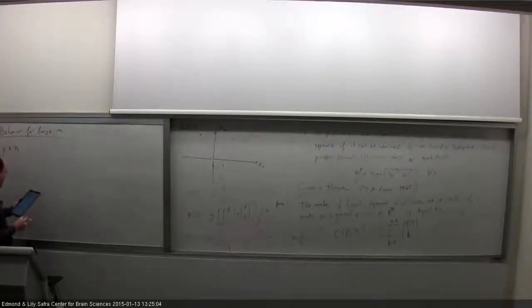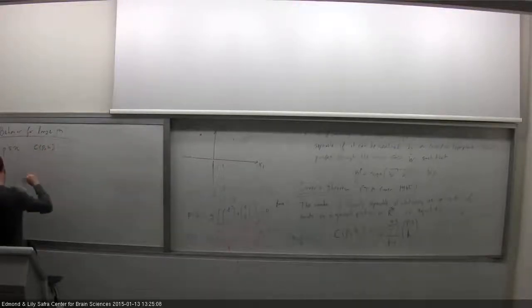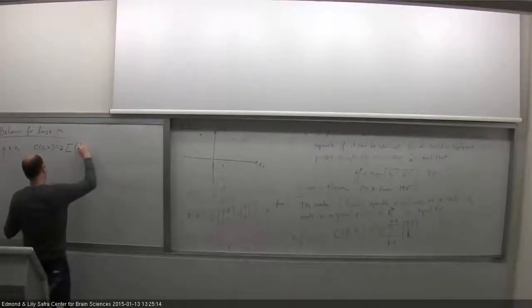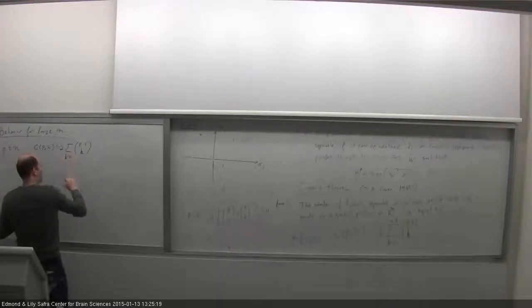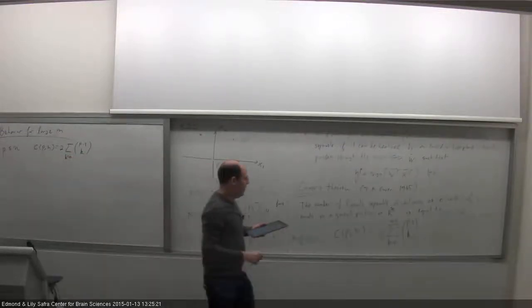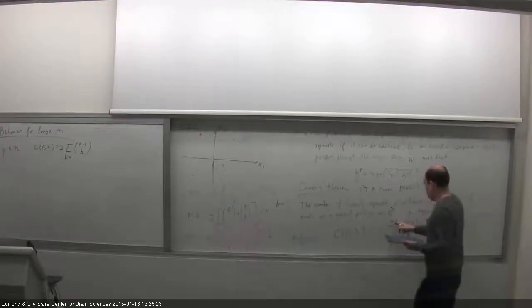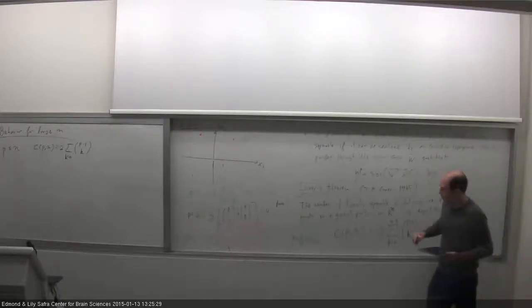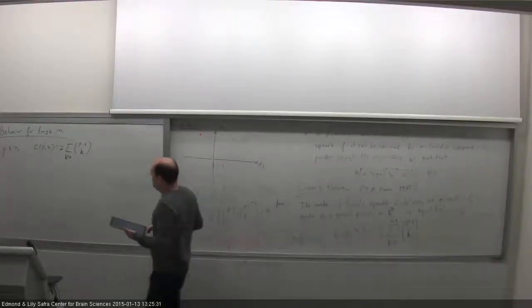When p is smaller than n, then Cp of n is equal to 2 times the sum, p minus 1 over k, and k goes from 0 to n minus 1, but because p is smaller than n, I actually cover all the possible values up to p minus 1, and the rest are 0.